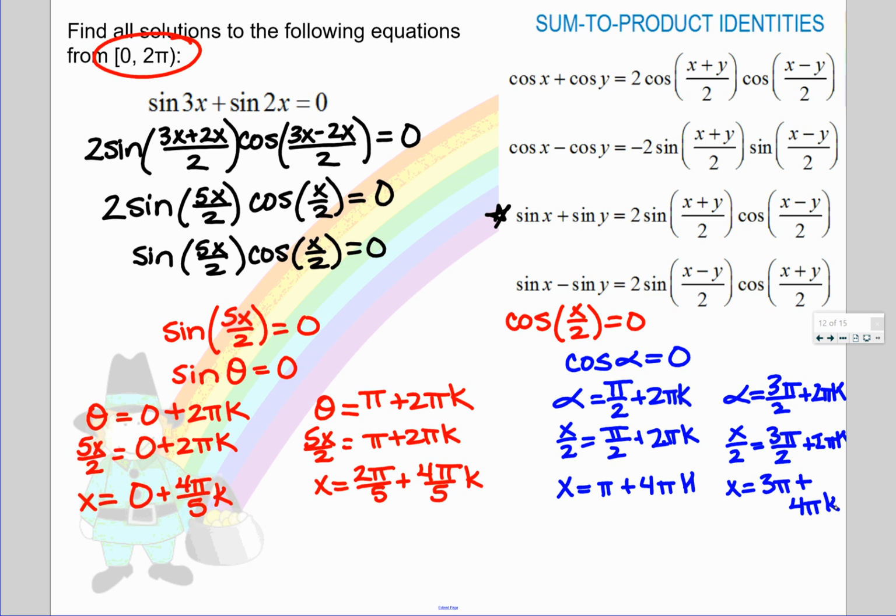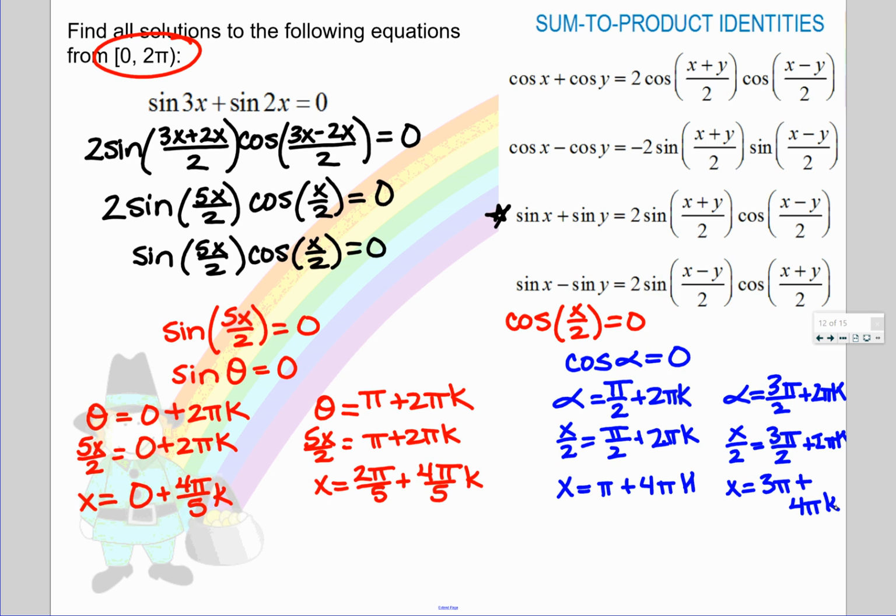Okay, so these are all the answers that exist in the universe. So now let's start listing them out. From this first one in red, 0 plus 4 pi over 5 k. We want all answers between 0 and 2 pi. So my first answer is 0. My next answer is, just keep adding 4 pi over 5, 4 pi over 5. My next answer is 8 pi over 5.